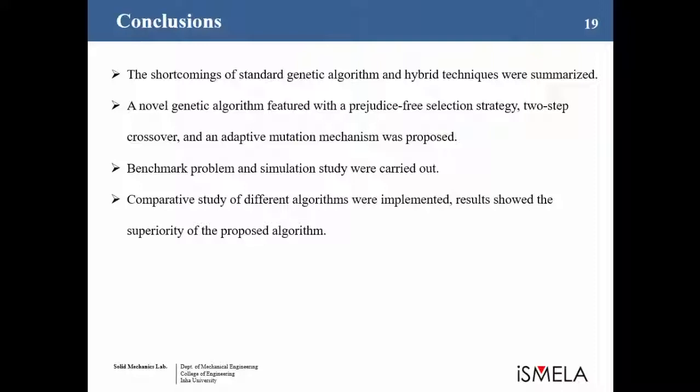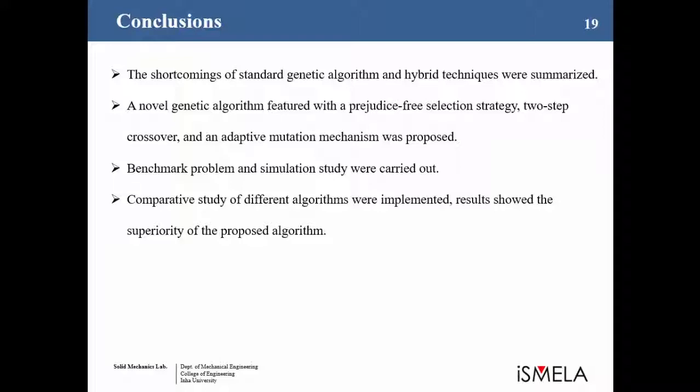So based on our research, we get this conclusion. The shortcomings of the standard genetic algorithm and hybrid genetic techniques were summarized. A novel genetic algorithm featuring a prejudice-free selection strategy, two-step crossover, and an adaptive mutation mechanism was proposed.